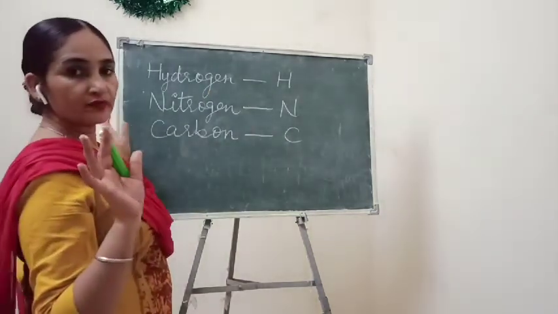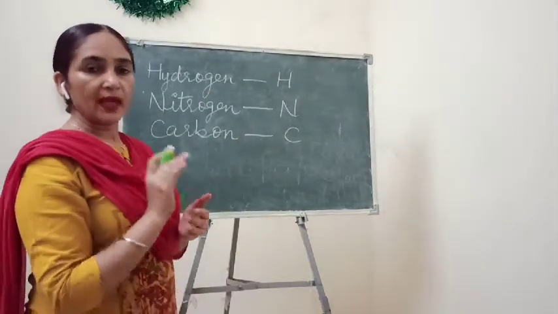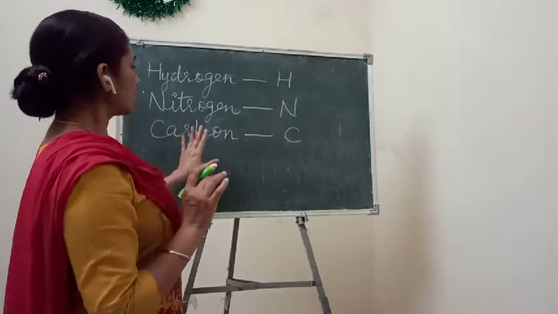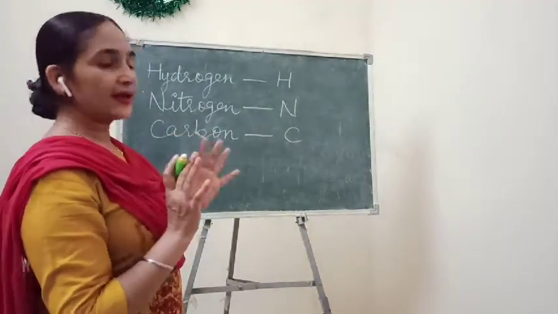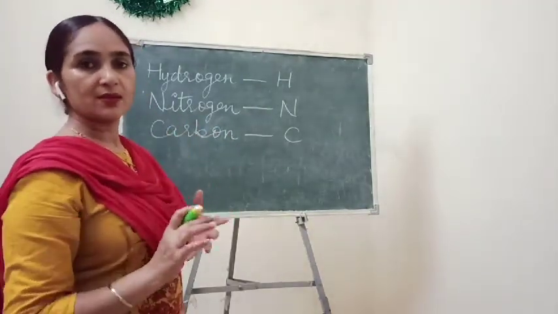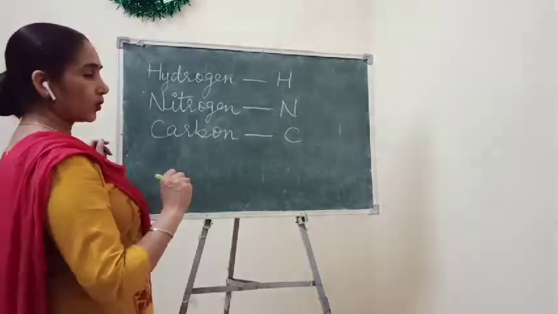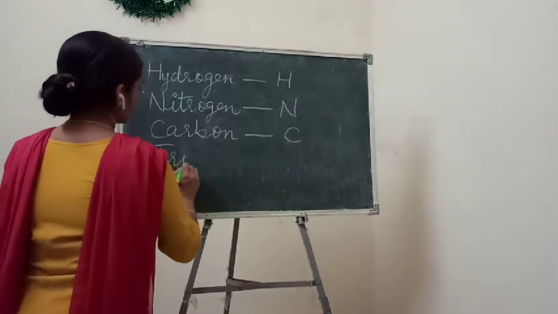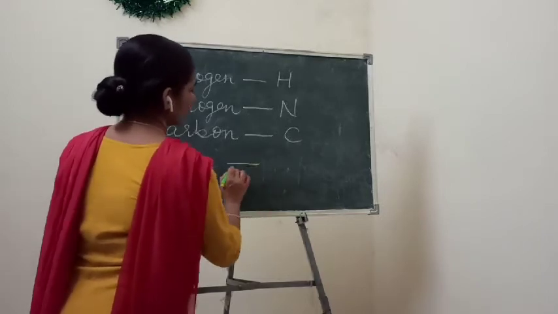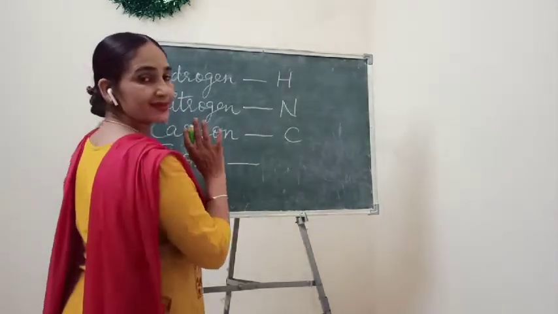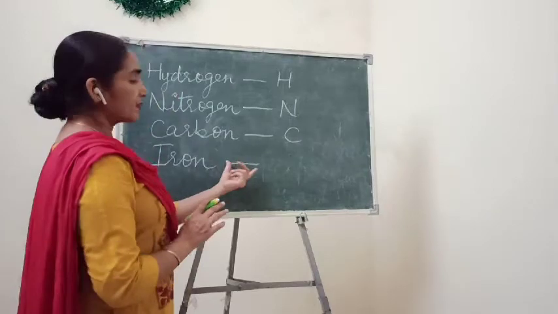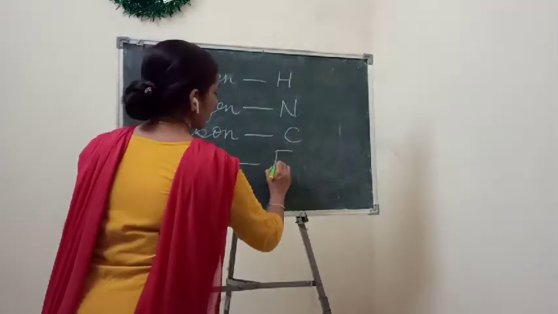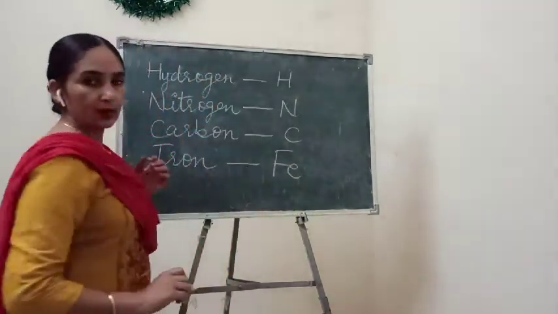But some of the elements we write their symbols in 2 letters. That day I told you, suppose iron. You know that iron is a very common metal and iron is an element, and the symbol of iron is capital F and small e.